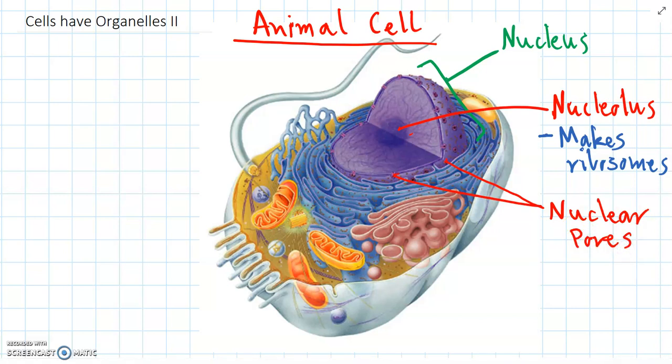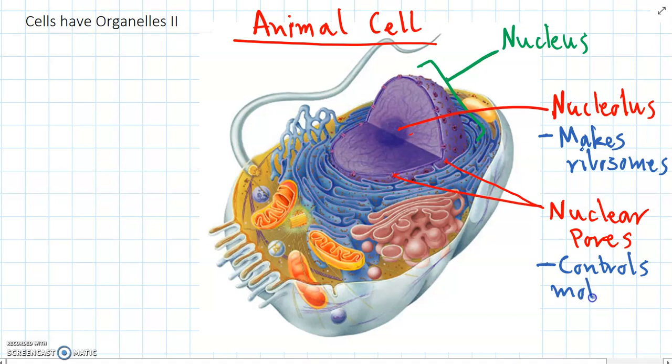And that's how ribosomes and other molecules move in and out of the nucleus, because the nucleus needs to really carefully control which chemicals can come in and out so they don't damage the DNA. So it controls molecules moving in and out of the nucleus.